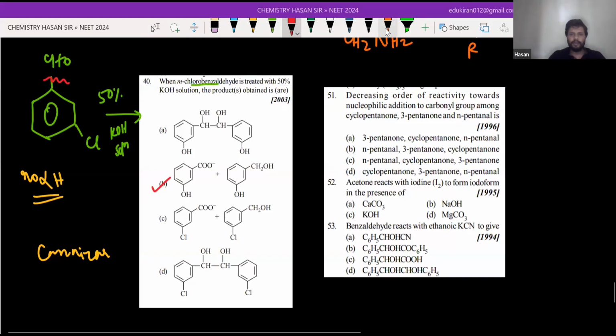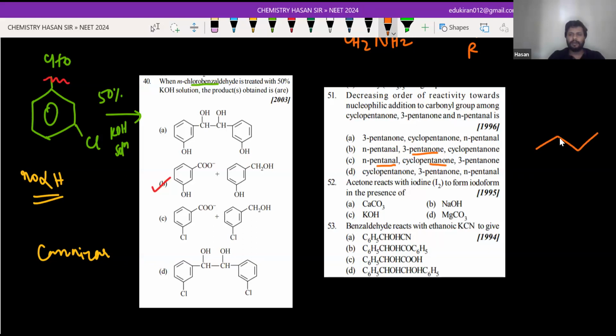Rajita, 51, you can see nucleophilic addition, that means it should be less hindered, then it will be more reactive. Decreasing order we need to go, right? So if you are going to pentanal, pentanone, you can see two ketones are there and one aldehyde is there. So aldehyde is at the top, right? It will be the most reactive. After that, 3-pentanone.